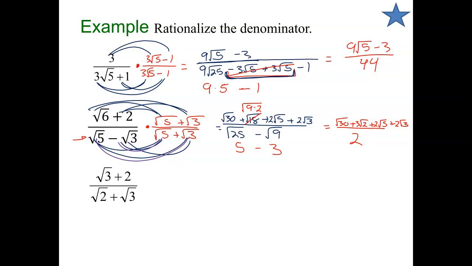Go ahead and try the third one on your own. Give that one a shot. Okay. Square root of 3 plus 2 over the square root of 2 plus square root of 3.